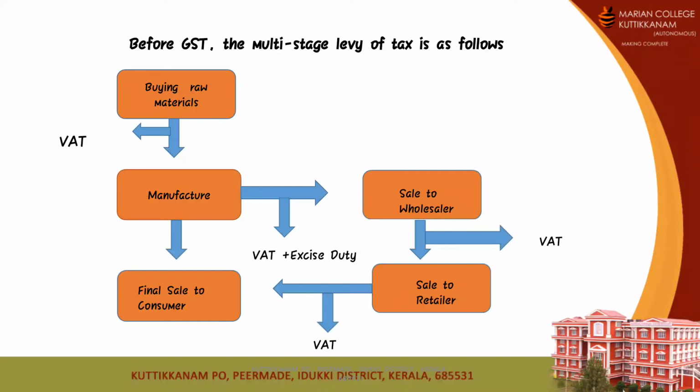He adds the amount of VAT that was paid by him to the manufacturer when he purchased the product. So the price of the product gets added by the amount of indirect tax paid by the wholesaler to the manufacturer. He sells the product to the retailer, and when the retailer purchases the product, he pays the amount of VAT to the wholesaler.